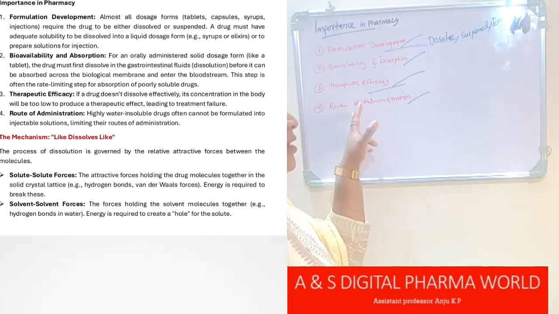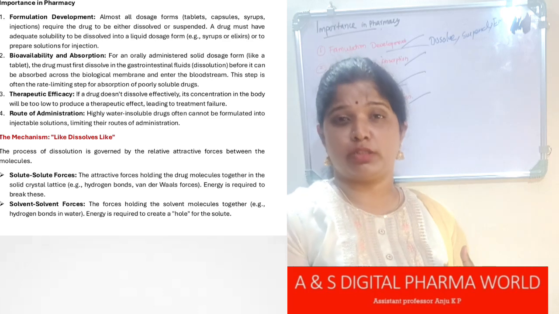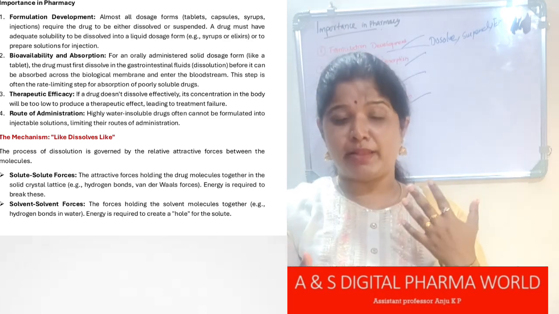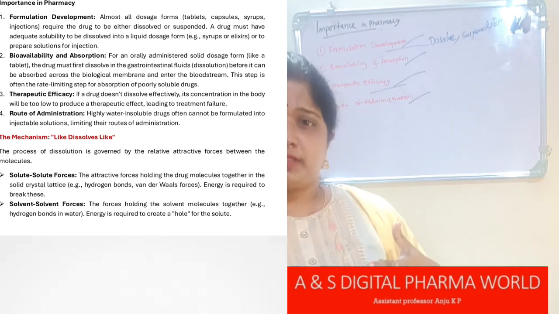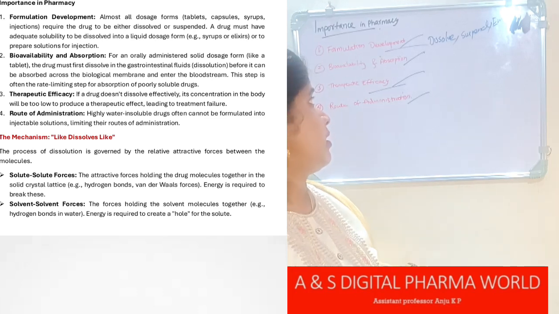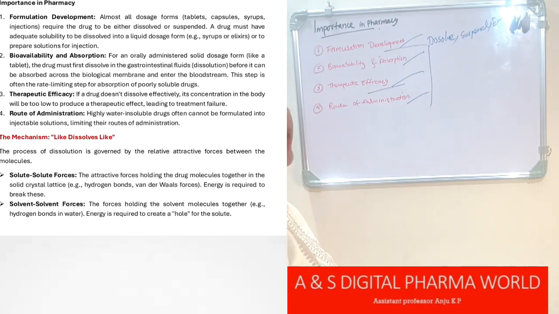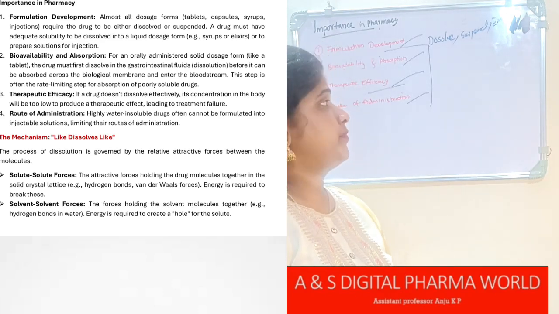Okay, and coming to the route of administration. Poorly water soluble drugs, we can't formulate like injections, so it's also a limiting step of solubility. Okay, so these are the four important parameters of solubility in pharmacy.